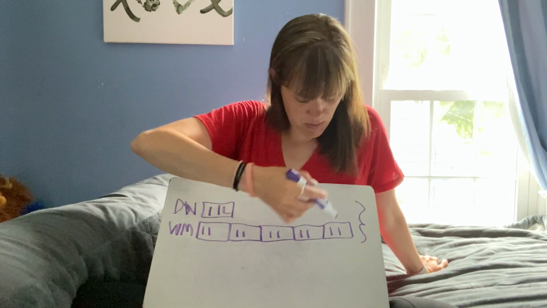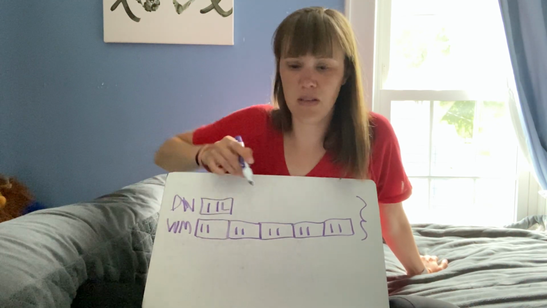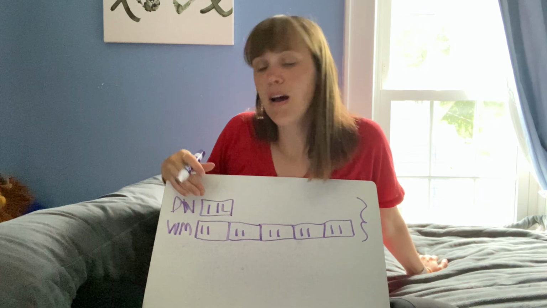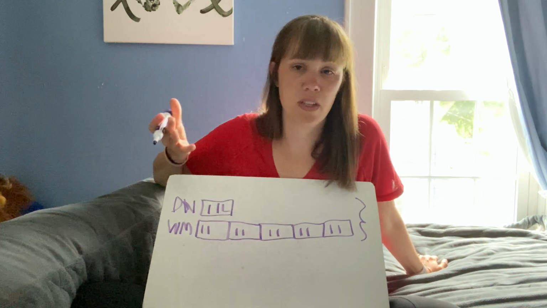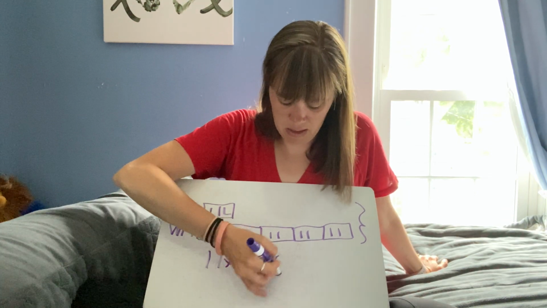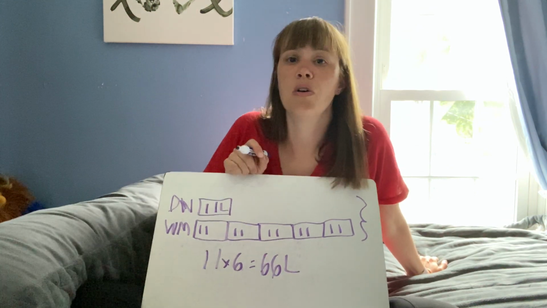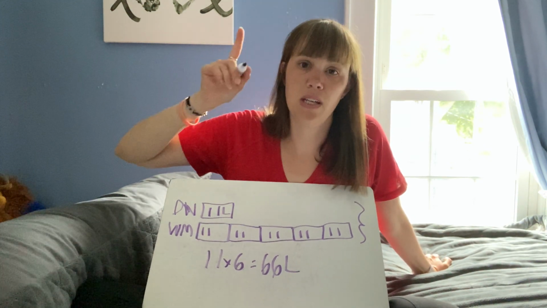So we have to combine all of these. So that's 1, 2, 3, 4, 5, 6 of them. So you can do 11 times 6. I can already see some of you going off to the side and actually just adding all those up. That's fine. But we can also do 11 times 6 to give us 66. So it's 66 liters. So 1 liter has how many milliliters? It has 1,000.